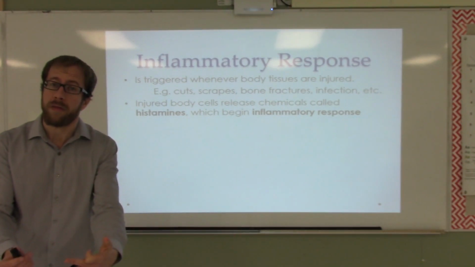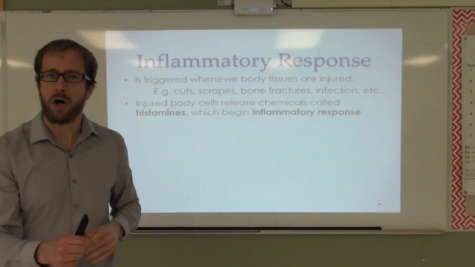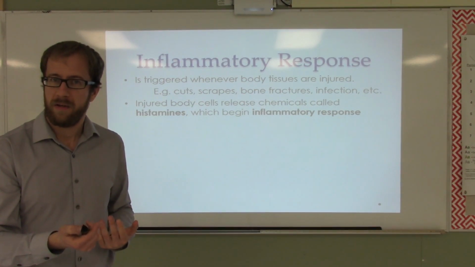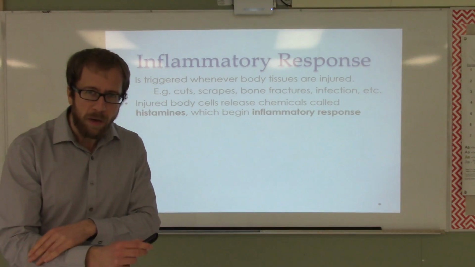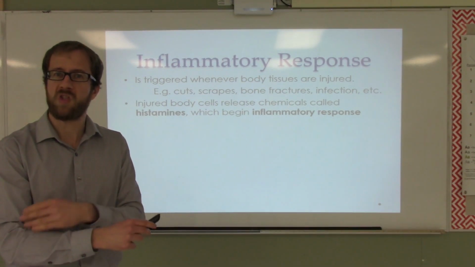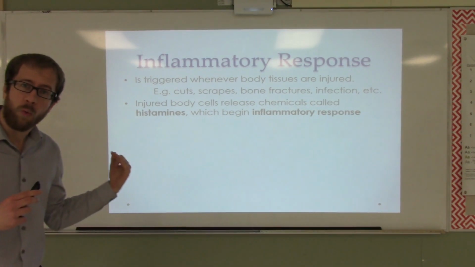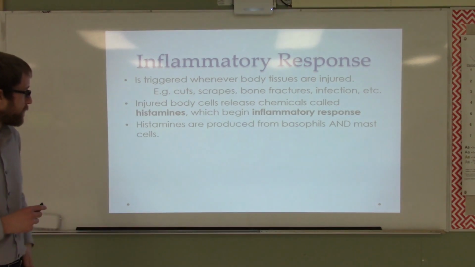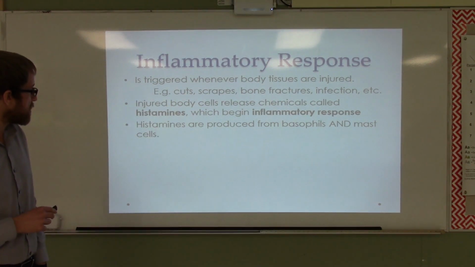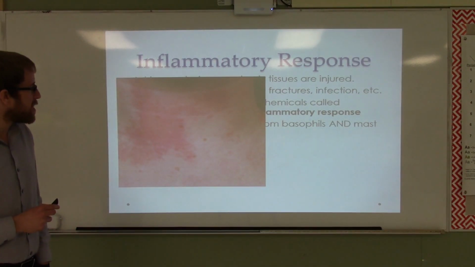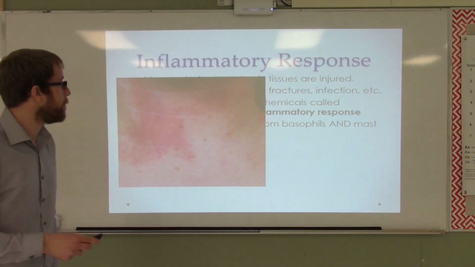Now, you know some of the things that happen, right? Let's say you get a cut on your arm. What's going to happen? Think about it. Well, generally, besides the blood, the area will get red, it will get swollen, it will get hot, and let's talk about why that happens. So histamines are produced from basophils and mast cells, and this generally causes redness, swelling, heat, and pain.